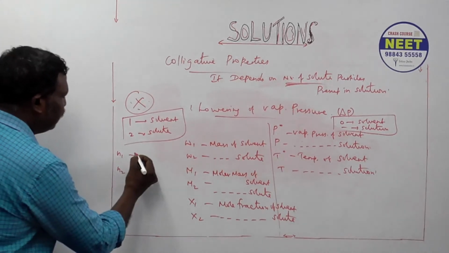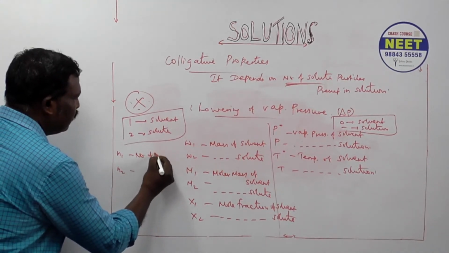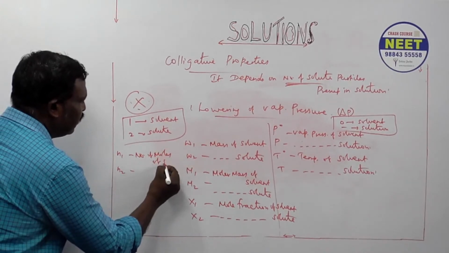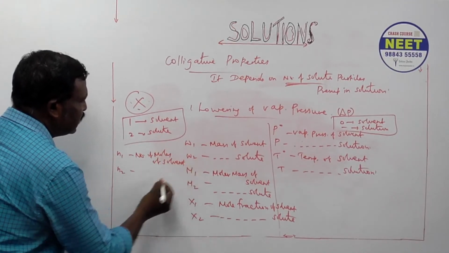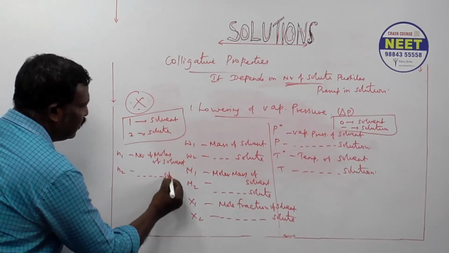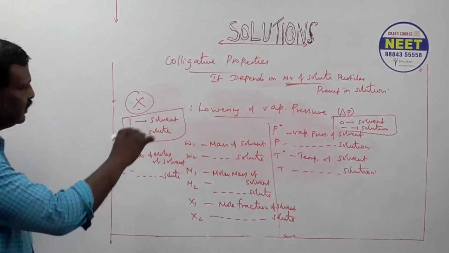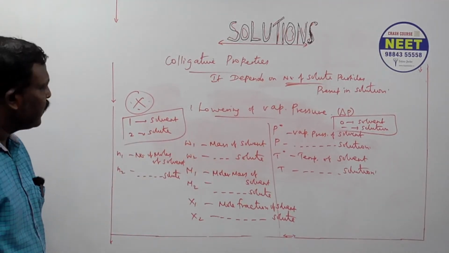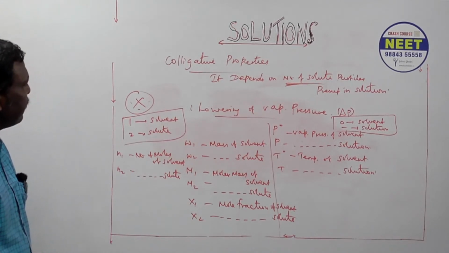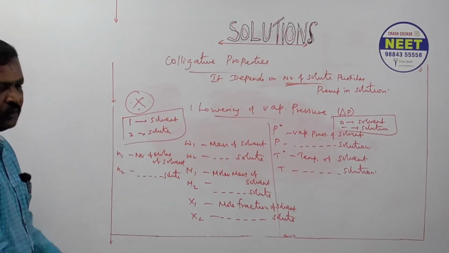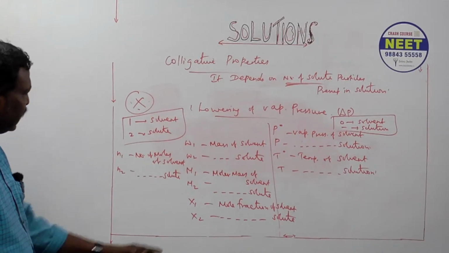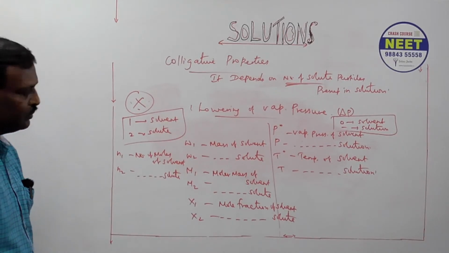Number of moles of solvent, number of moles of solute. That's all. Keep in mind, then only you can solve the sums. The formula we have 1, 2 like that.